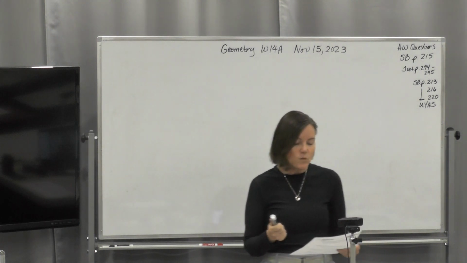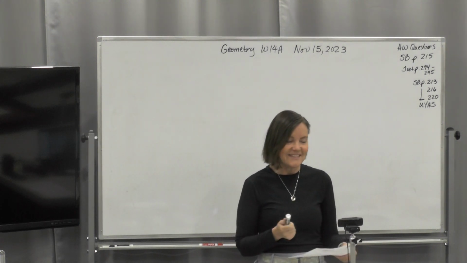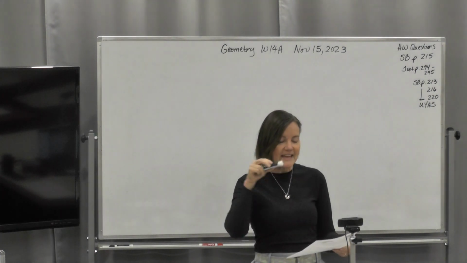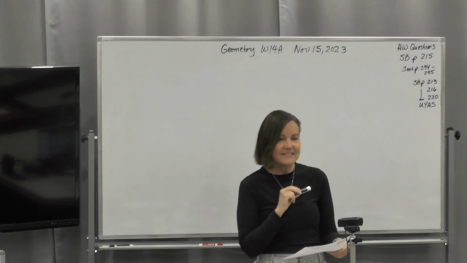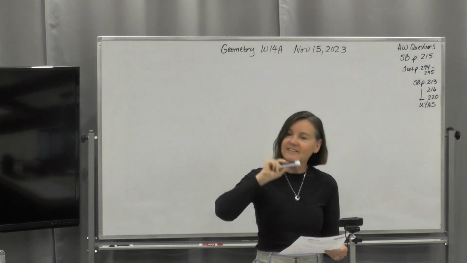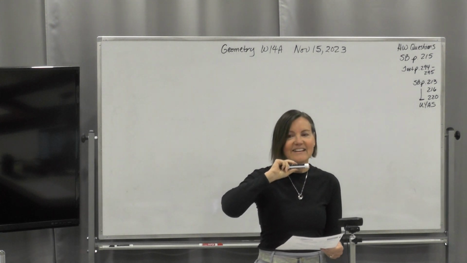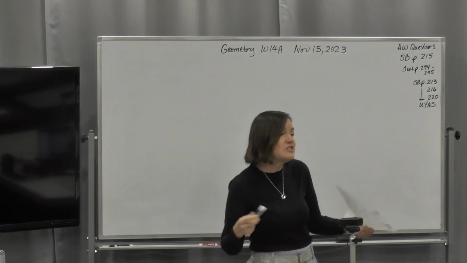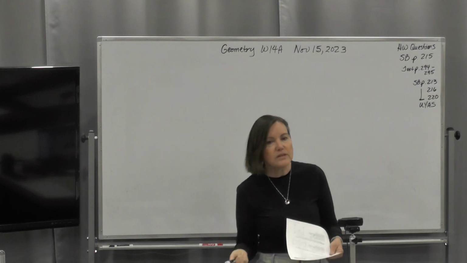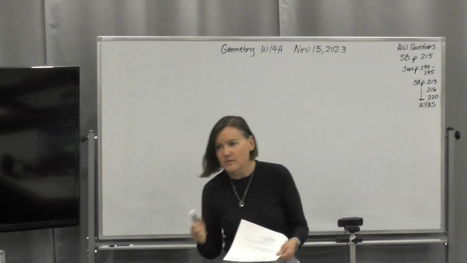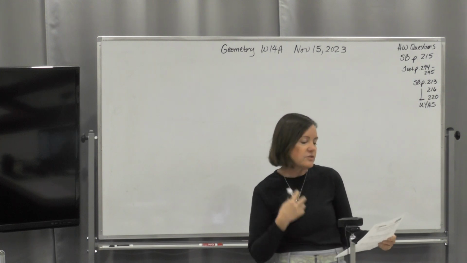Squares are... you're not wrong, they are blank and blank parallelograms. What are they? Equiangular and equilateral, which means equal sides. So they're both equilateral and equiangular and they are parallelograms, right? So we assign all of those properties to them.